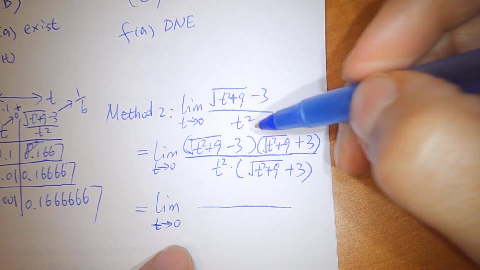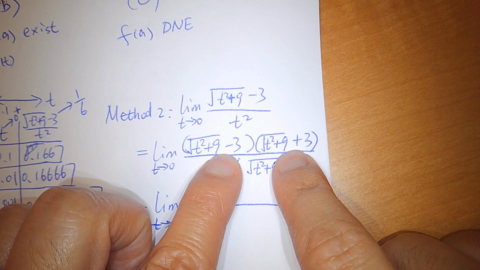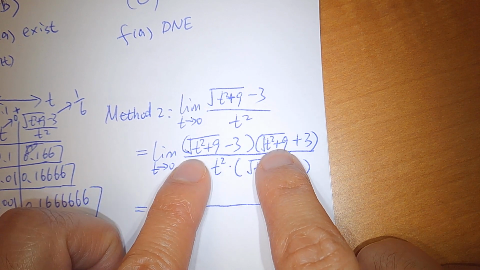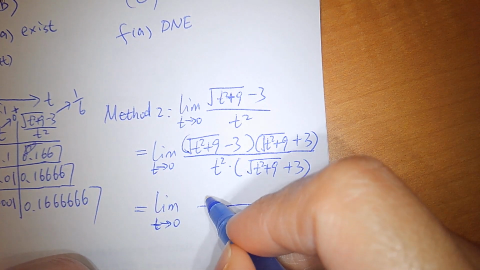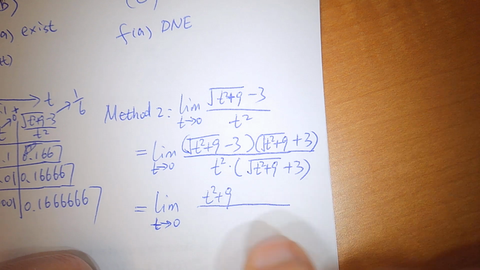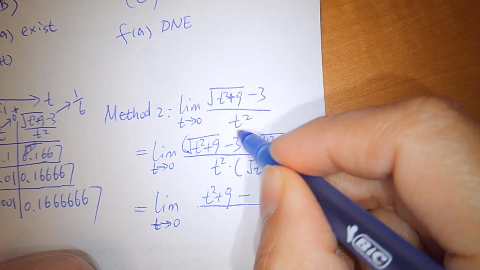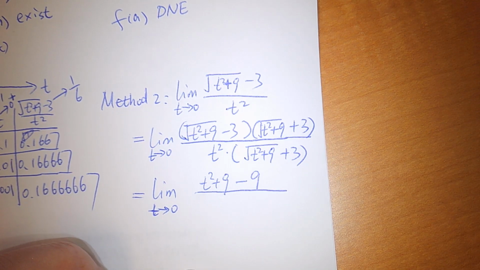So if we multiply these two, what can we get? If you are not sure, you can use the previous conclusion directly, okay? I will say it's going to be t squared plus 9, no, minus 9. Why 9? Because 3 squared gives us what? Very good. This is a key step for us, okay?